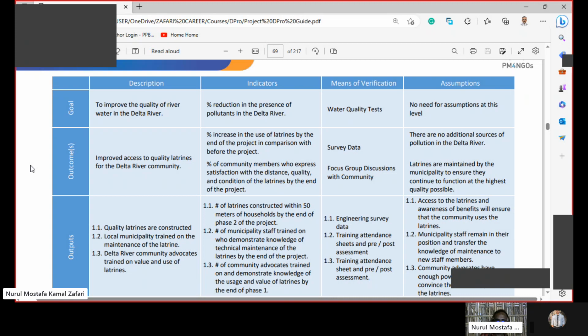So if all these things are done at the description or statement level, indicators, means of verification, and if the assumptions hold true, then the outcome will be achieved.